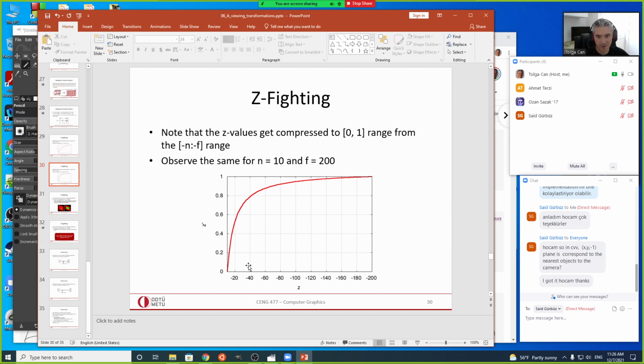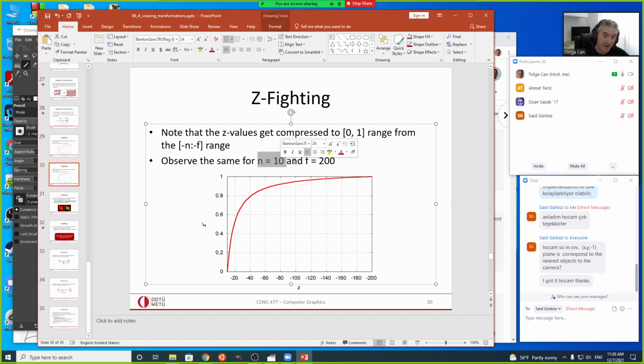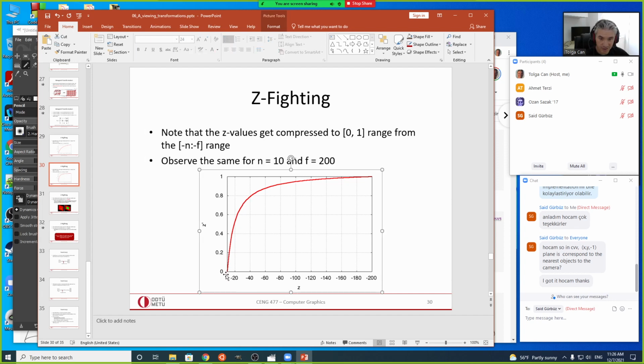Now, one thing that happens is that if you look at this figure, this is the z value, this is the z prime value. This is where the near plane is at 10 and the far plane is at 200. If this is your original z value, after the perspective projection and after the viewport transformation, your depth values are changing between 0 and 1, right?